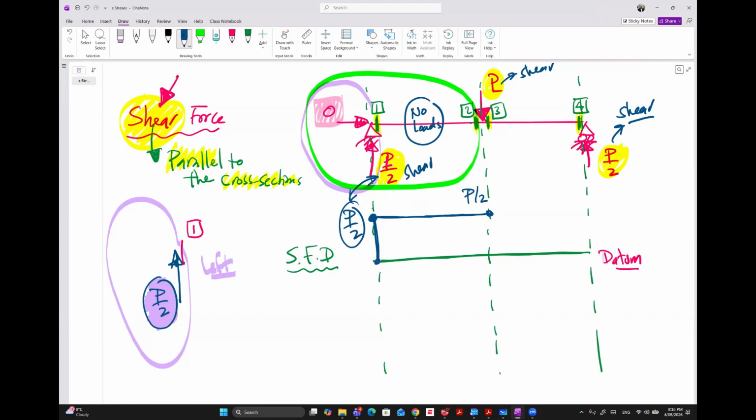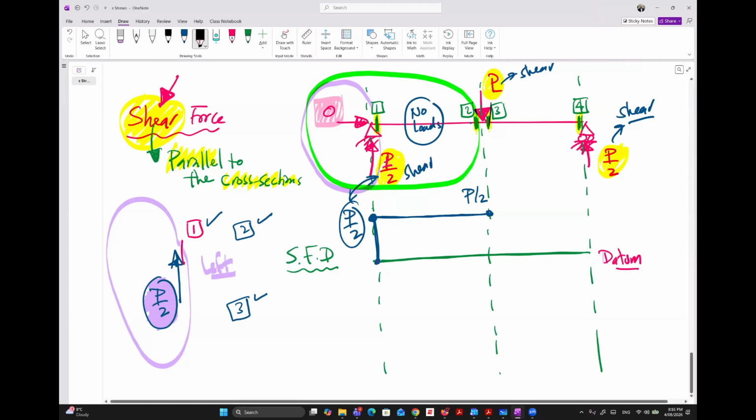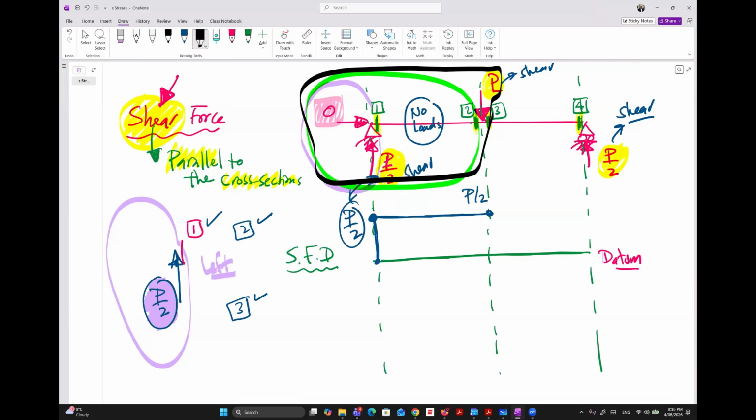Yes. Okay. So this is section 1 and section 2. Now section 3. If I ask you about the cut at 3, what is the additional force at cut number 3? Down. Yep. So this is the idea of 2 cuts at the same point: 1 cut before the load, 1 cut after the load. So from 2 to 3, what have we added? Force B down. So we are at B over 2. We need to go down. How much down?